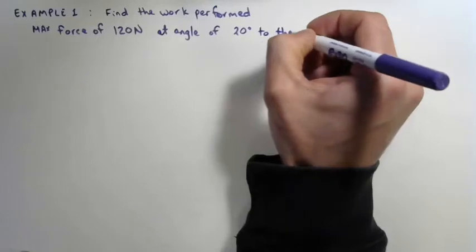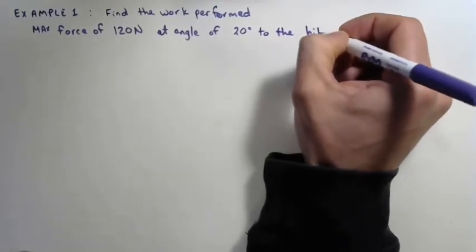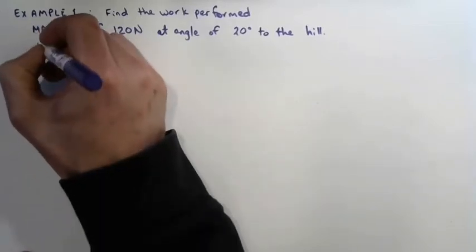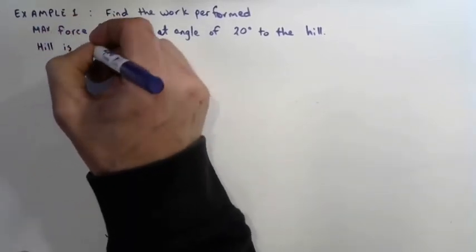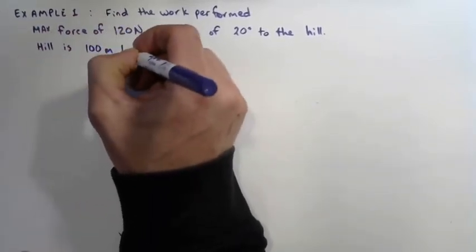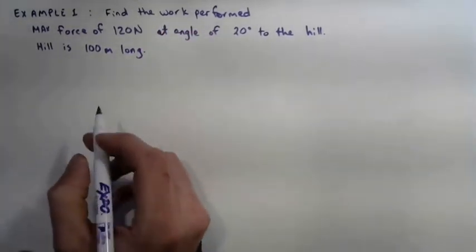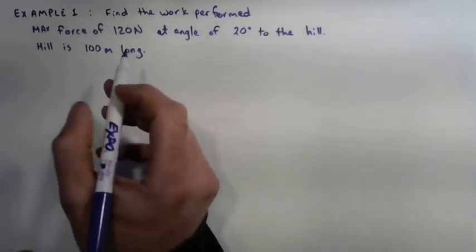The hill is 100 meters long. Find the work that Max performs in bringing his sled to the top of the hill.